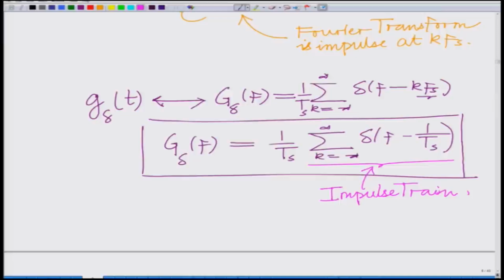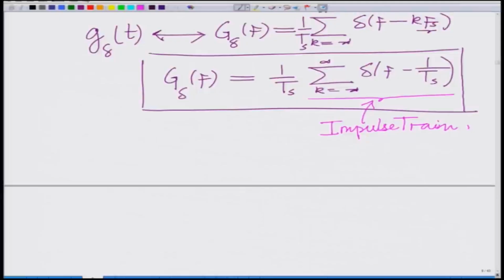So we started with an impulse train in the time domain, and its Fourier transform, or spectrum, is an impulse train in the frequency domain.